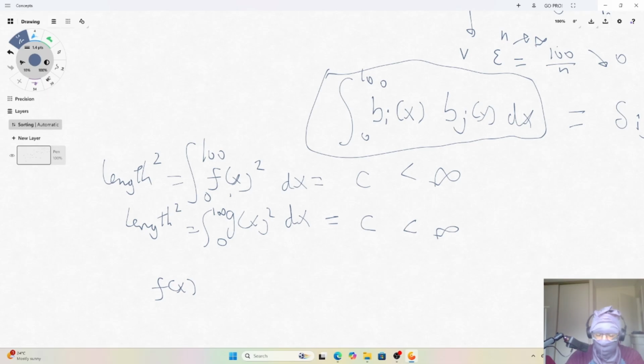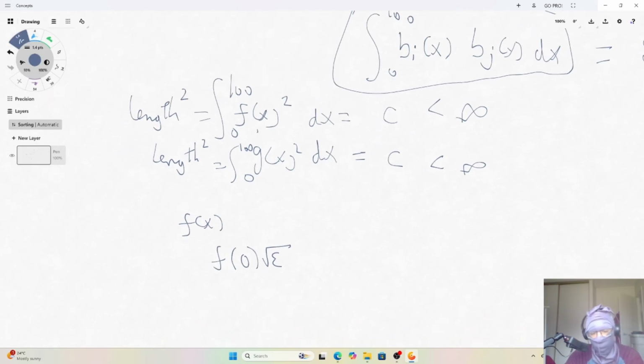Remember when I said that each dimension of the vector is given by f of i times the square root of epsilon.